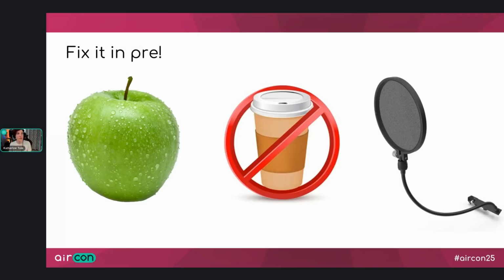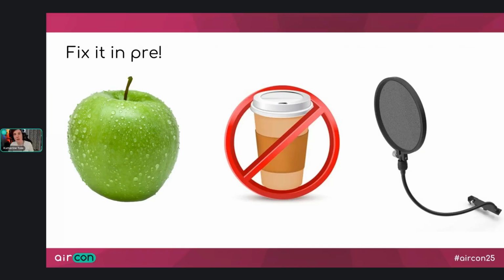But yeah, don't drink things like coffee in the morning or alcohol the night before. Those both will dehydrate your vocal cords. And make sure to use a pop filter if you're having issues with harsh consonants or your P pops. There's also a lot of microphone placement and technique out there for sibilants and plosives, but that would also be an entire talk, so we're not going to go too much into that.